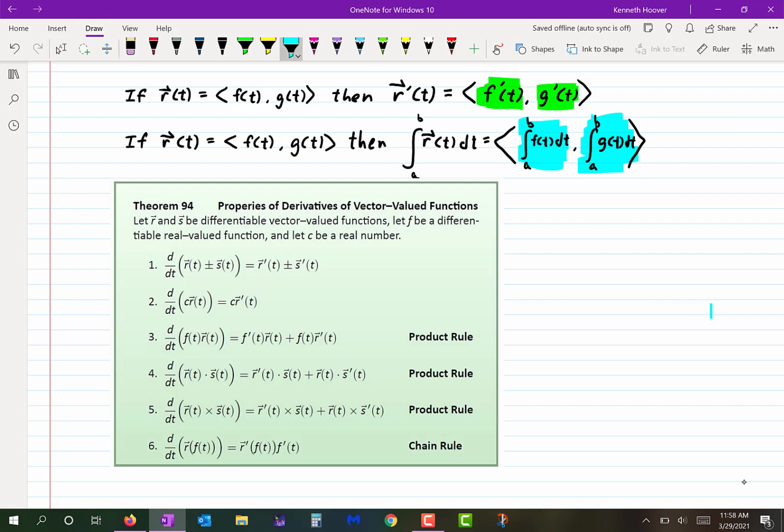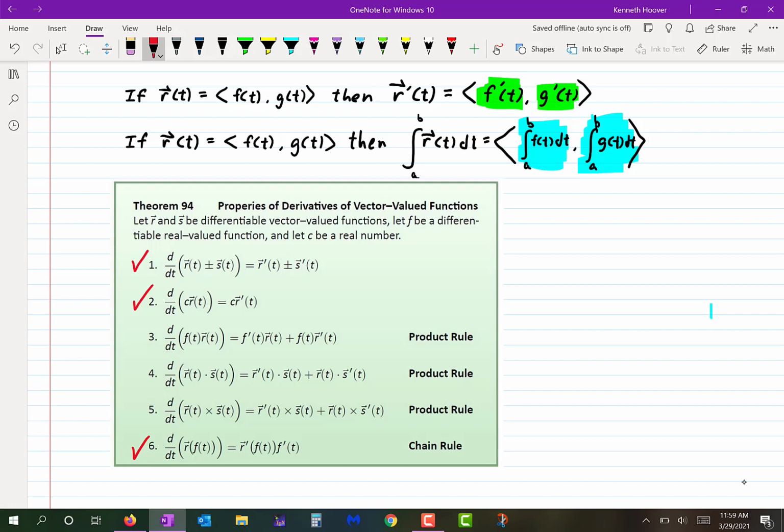Okay? We have the same old sum and difference formula for derivatives. Same old chain rule. The quotient rule is the same. I don't know why they left it off here, but the quotient rule is the same. The constant multiple rule is the same. The only difference here is that the product rule is the same, but it's just that there's 3 of them, because when you have a vector valued function and you're going to multiply it times something, there's 3 different kinds.